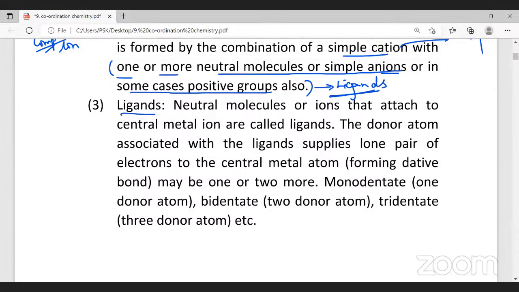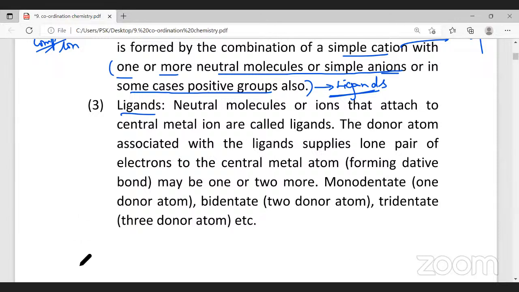A coordinate bond is when one element supplies electrons to another element, forming a bond. All right, it should be a little more specific.